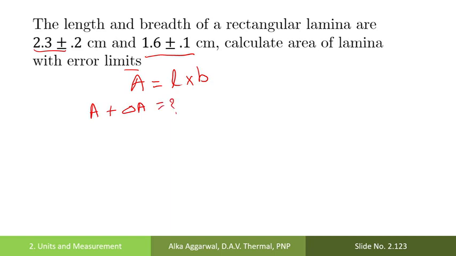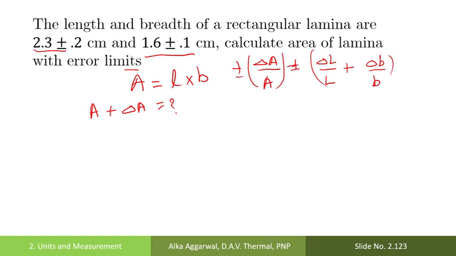To find the area with error limits, we know whenever we multiply two quantities, the error is a relative error, and the relative error is given as delta A upon A, which is equal to the sum of the relative errors: delta L upon L plus delta B upon B, which is equal to plus minus 0.2 upon 2.3.